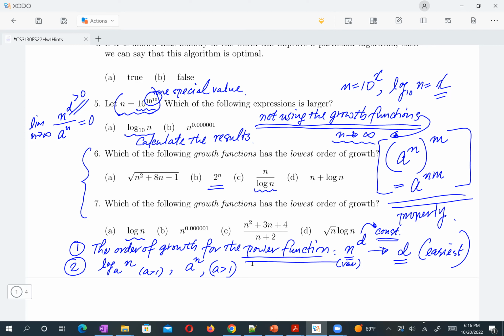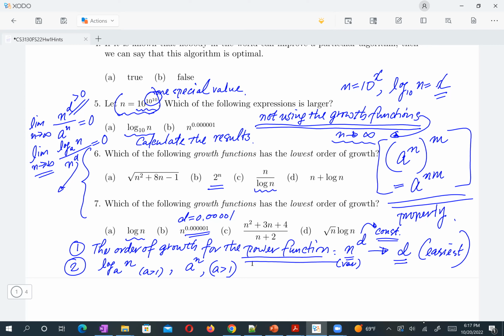Another limit that is useful here: the limit as n goes to infinity of the log function, any base, over n to the d, also equals 0. Even when this d is a very small number, like d equals 0.00001, the log function over n to the dth power still has limit 0 as n goes to infinity.